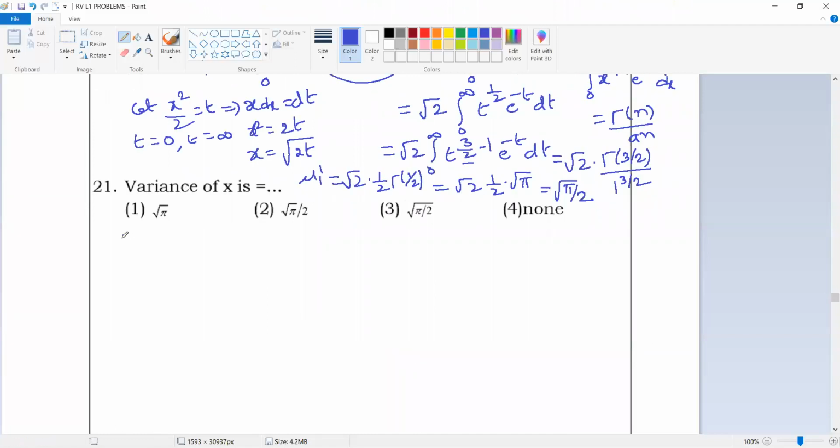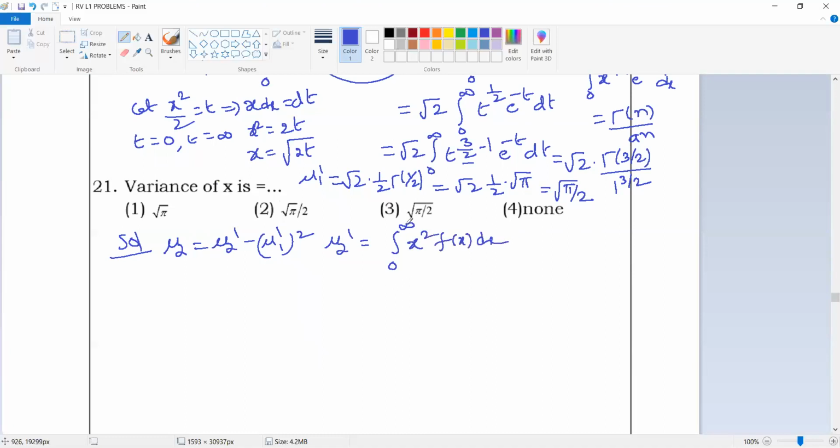Variance. The variance formula is mu2 is equal to mu2 dash minus mu1 dash whole square. Mu1 dash is already calculated in the previous problem. So here is mu2 dash. The mu2 dash formula is the integral from 0 to infinity of x square into f of x dx.